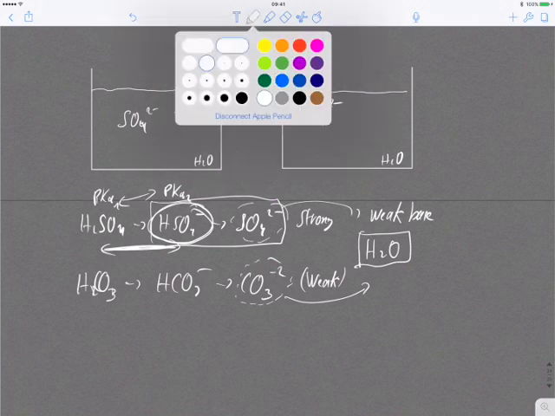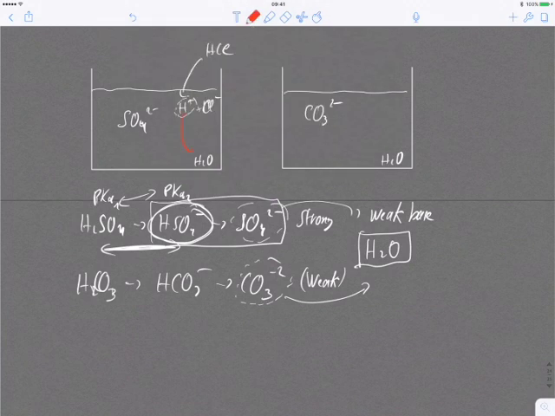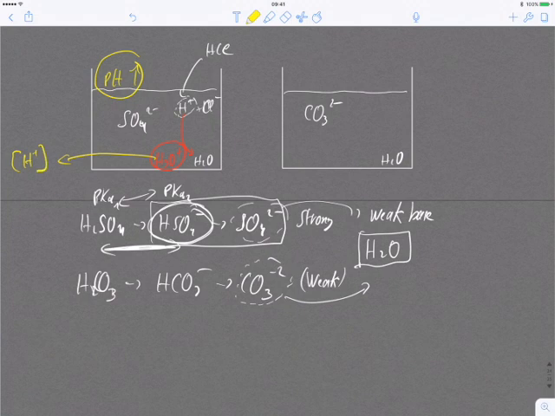So the proton will be attracted by the water and form hydronium ion. And in this case, your pH will change, because this is if you want the concentration of H+. If you're increasing that, it means you're decreasing the pH. I mean your pH will turn more acidic.